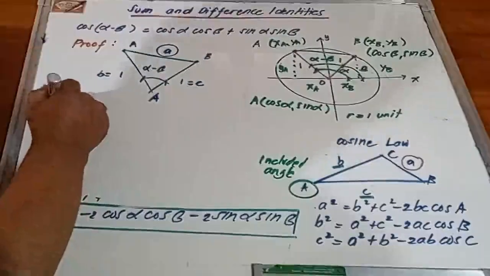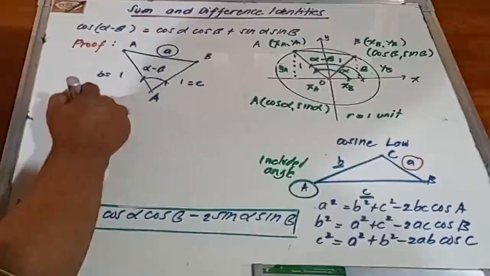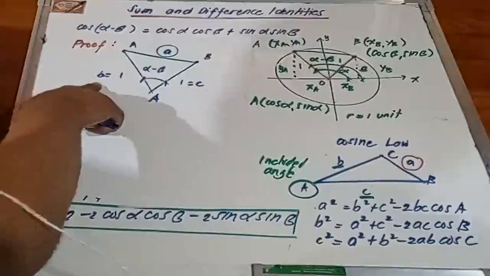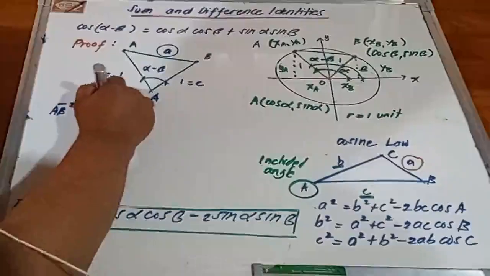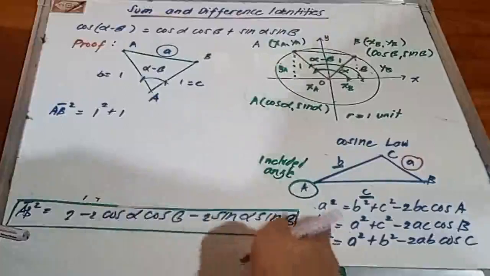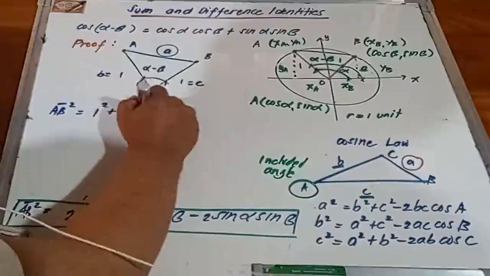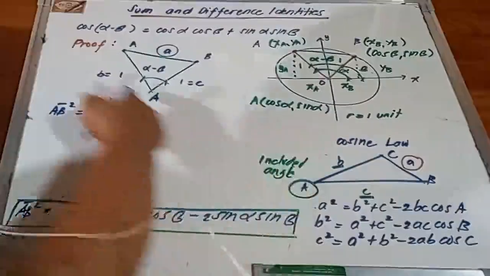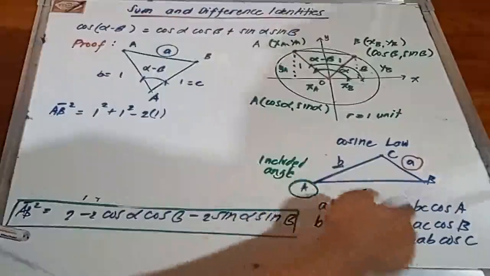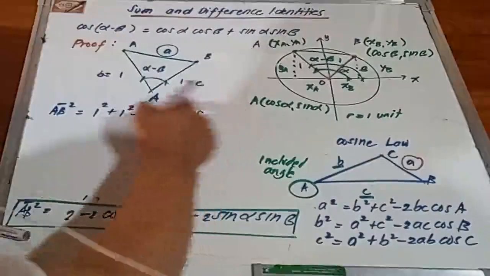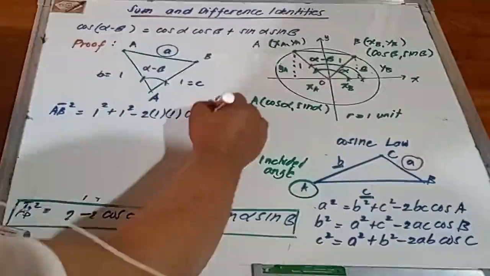AB squared equal to B squared. Ang B natin ay 1. Kasi unit circle. 1 squared. Ang C natin, 1 squared din. Minus 2 times B times C times cosine A. Ang A natin, alpha minus beta.